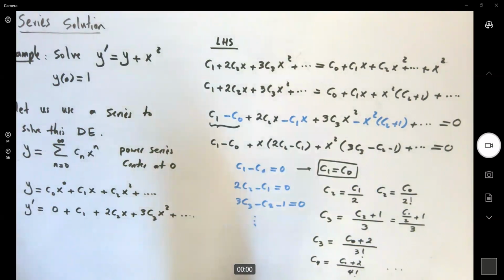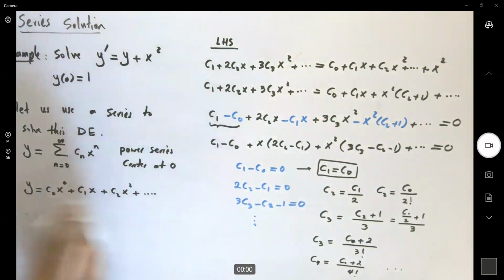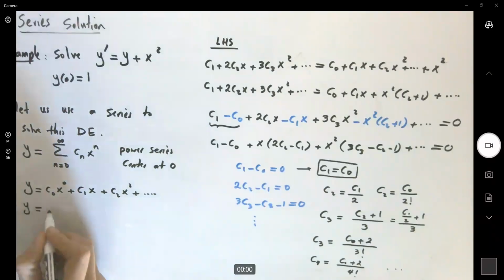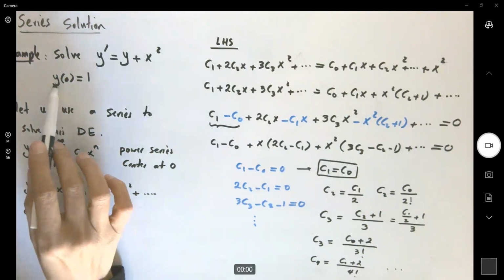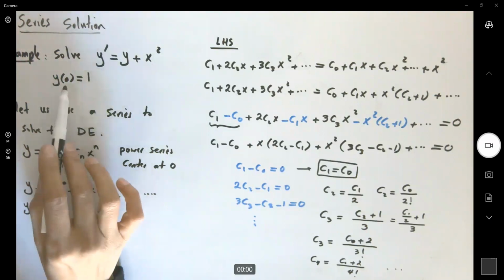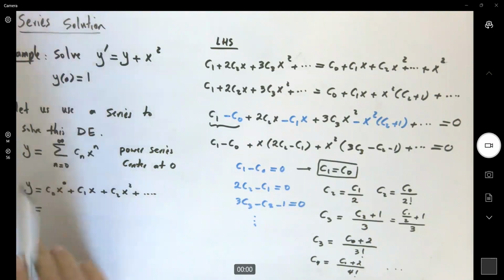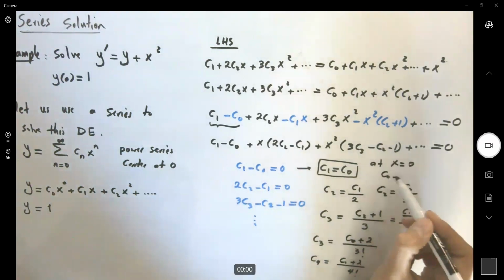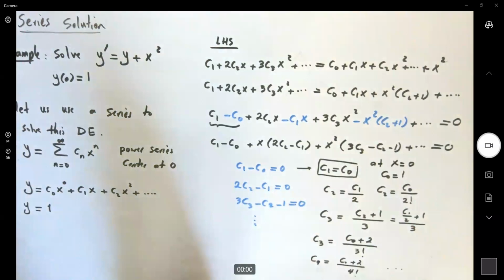Well, we can write our series this way. I'm going to go back to my series because this is the solution for this differential equation. So my y becomes, well, here I have c sub 0. Note that y at 0 is equal to 1. So if x is just 0, my first term becomes 1. That's x equal to 0. c sub 0 is 1 and the same as c sub 1.